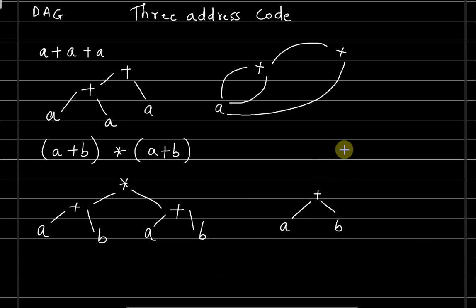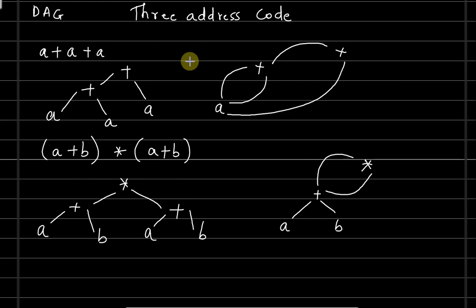But I need it multiplied by one more A plus B. So from here, I'll take one link out, put a star here and then come back to this point. So this is (A plus B) into (A plus B). Fine. So this is how a DAG is represented for this expression. There is one more method of representing a DAG for given expressions, that is by using three address code. That method we'll see once I cover three address code.